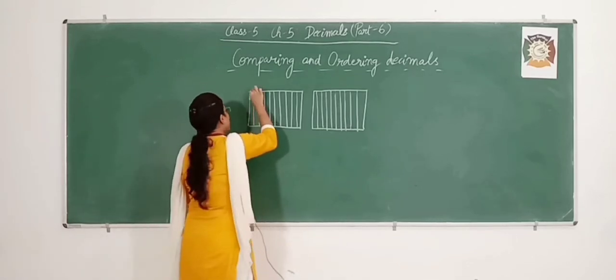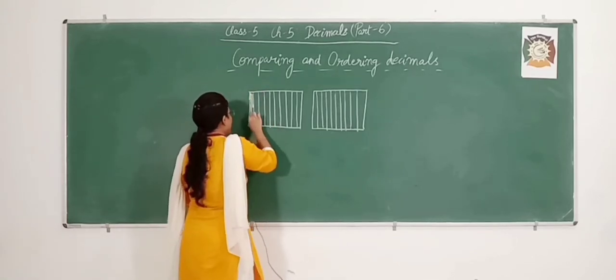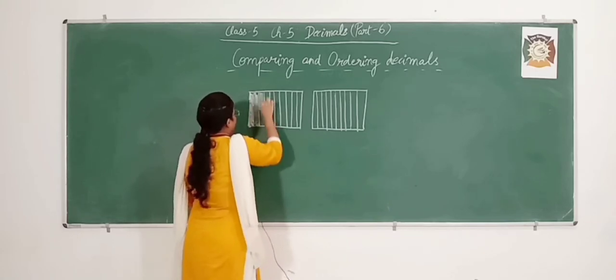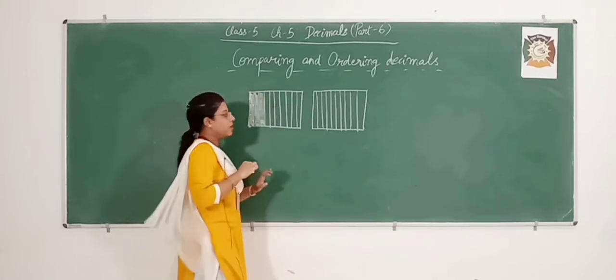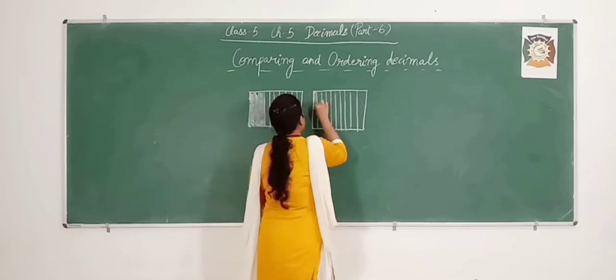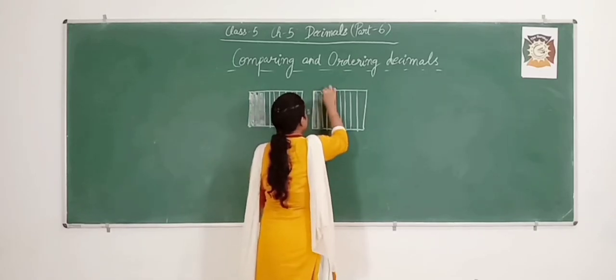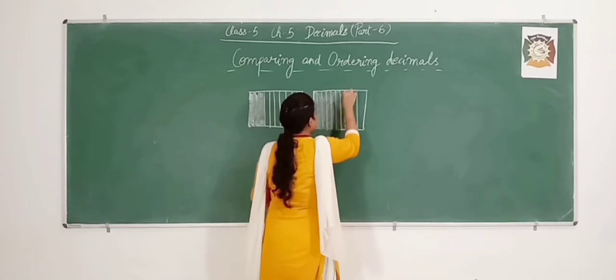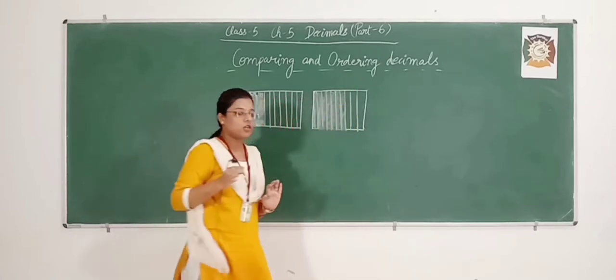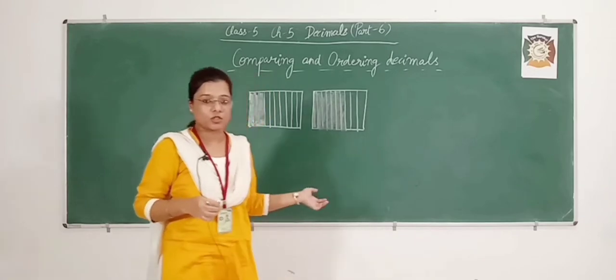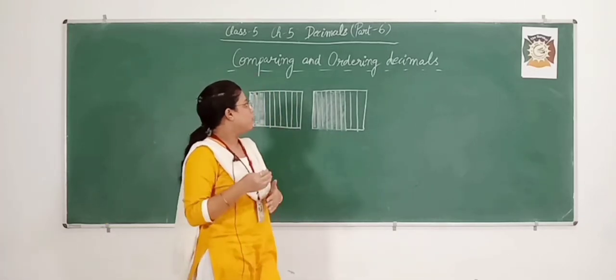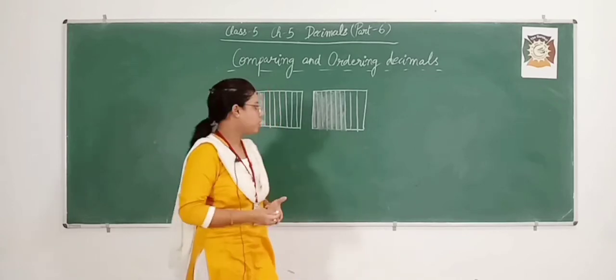In the first wall, 1, 2 and 3 are shaded, and in the second part 1, 2, 3, 4, 5, 6, 7 are shaded. So you can simply compare these two and tell me which of the wall has more shaded portion, right?